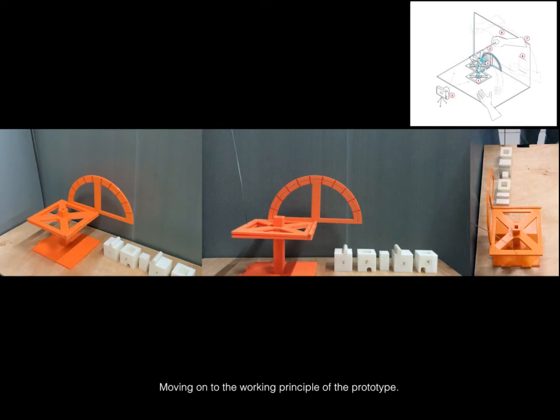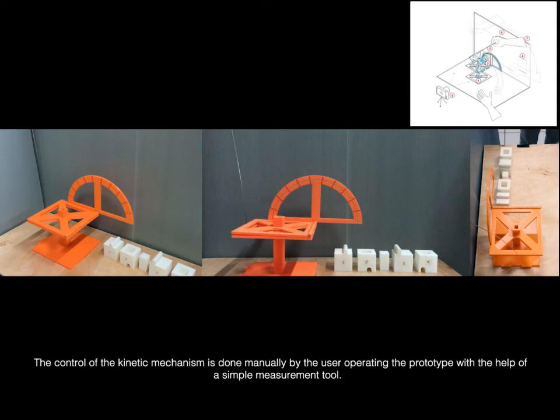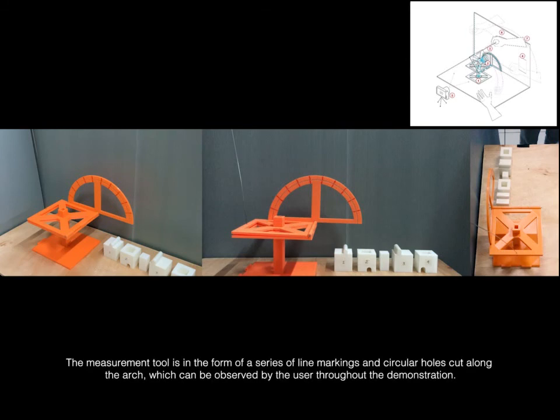Moving on to the working principles of the prototype. Even with many different scenarios, the working principle of the demonstration remains the same. The control of the kinetic mechanism is done manually by the user operating the prototype, with the help of a simple measurement tool. The measurement tool is in the form of a series of line markings and circular holes cut along the arch which can be observed by the user throughout the demonstration.